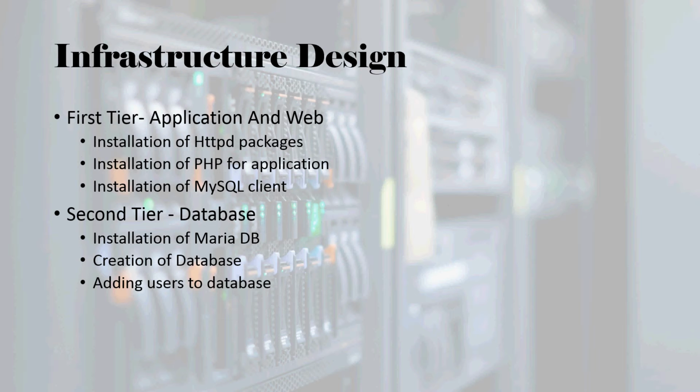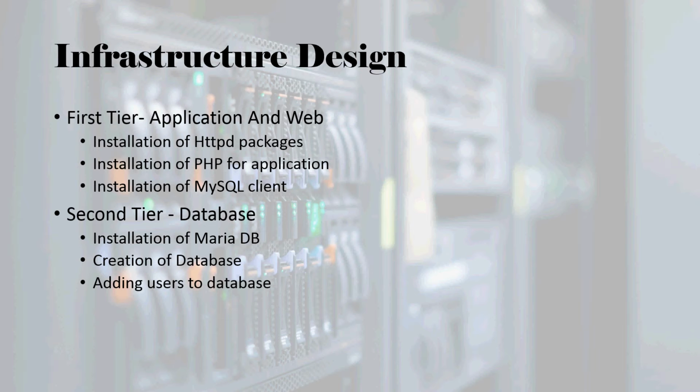So what is the infrastructure design of our course project? Basically, this is a multi-tier application. Our first tier would be the application and web tier. For web applications we will use Apache. We will install HTTPD packages on our CentOS, and then we will use PHP packages like PHP-FPM and PHP-GD for PHP deployment.